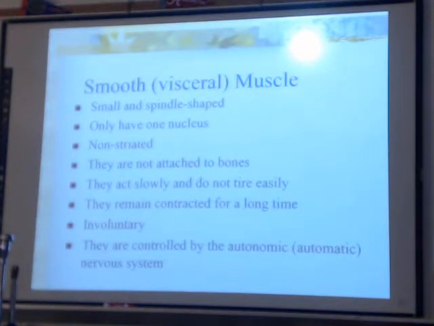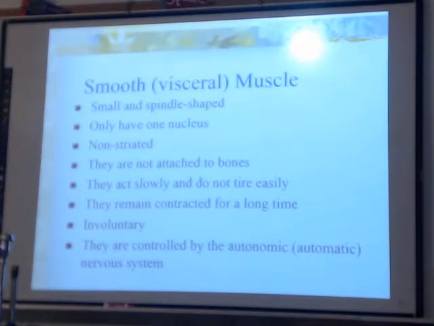So skeletal muscle can react quickly due to the nervous system, but smooth muscles react slower, and because they react slower, they can work longer without becoming tired. So smooth muscle cells have more endurance.